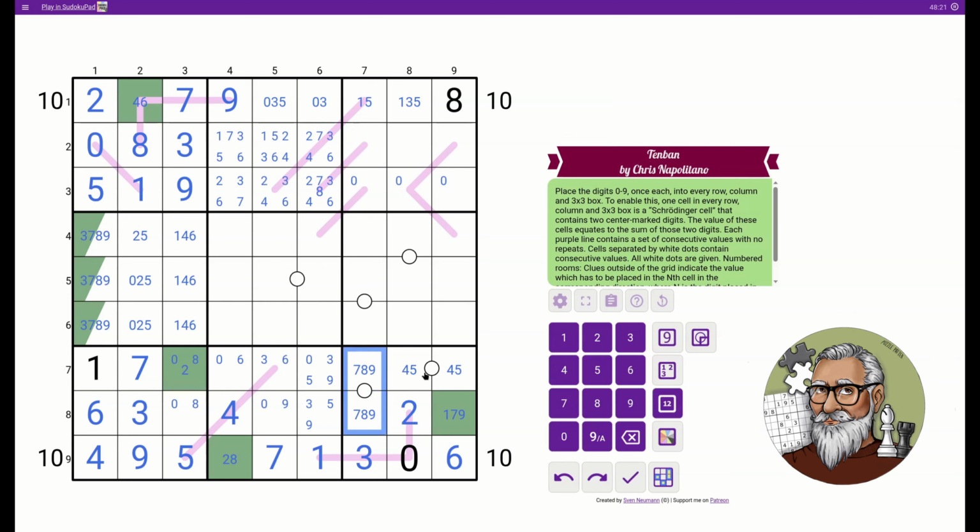We definitely have an 8, 4, 5. Right, so this isn't 5, this is 5. Don't tell me that doesn't help. It doesn't help. Oh, okay.